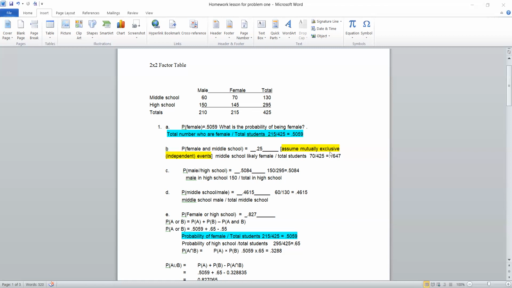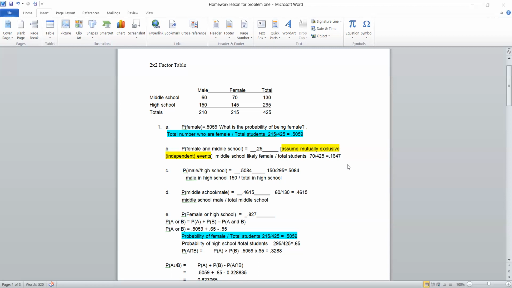Okay. Now, let's assume mutually exclusive independent events. So remember, what's the possibility that I get a female or a middle school student? These are exclusive, right? Okay, so female and middle school student. I'm going to take middle school, female, right here, and divide it by the total number of students. So I misspoke. It's not female or middle school.